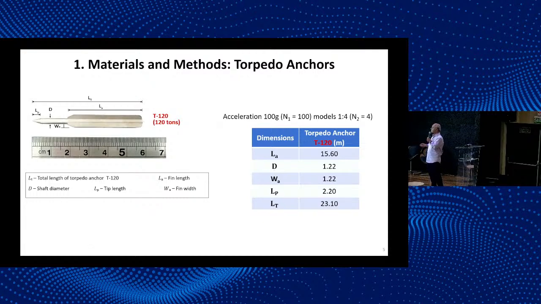So this was done in physical modeling, and here we use acceleration 100 times, but the model is actually 1 to 4 of the prototype. So you have actually modeled a 6-meter torpedo, not 23 meters. So how can you overcome that?